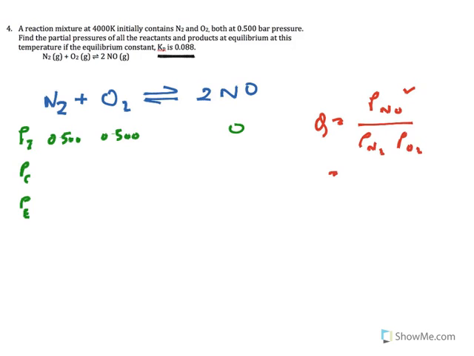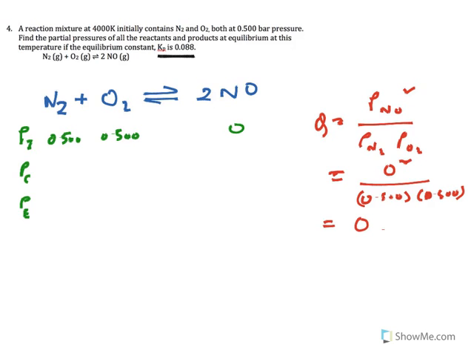Now, since we know that initially we don't have any nitrogen monoxide, we're going to have 0 squared at the numerator, and for the denominator, we're going to have 0.500 times 0.500. We end up with a Q value of 0.